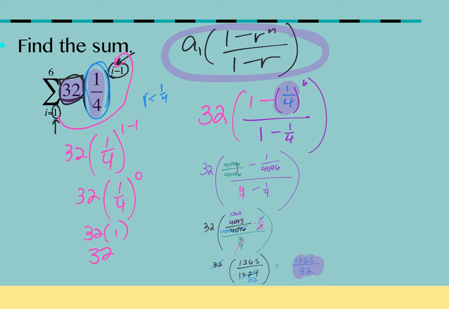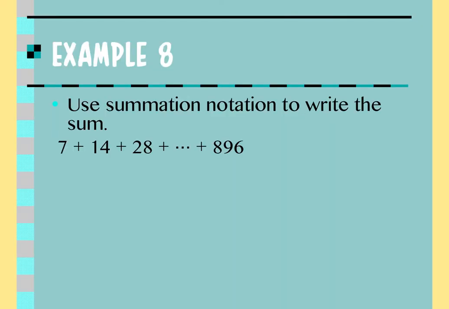Find the least common denominator in both the numerator and the denominator. Keep, change, flip, and then simplify as much as you can. Still good? I know it's a lot today because we had to blend in yesterday's, but okay.